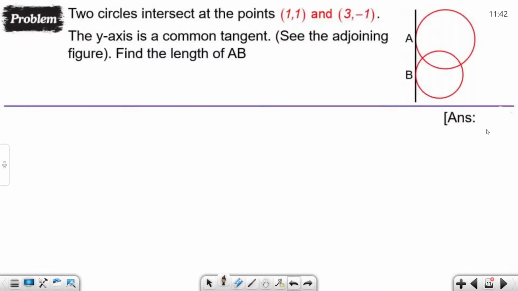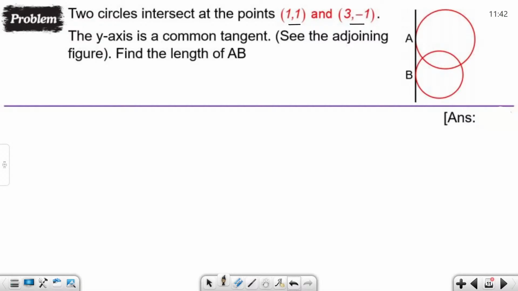In this question, they have said that two circles intersect at the points (1, 1) and (3, -1), and the y-axis is the common tangent as shown in this figure. So we have to find out the length of AB. See, one way of doing this sum, though it will be a long method, but still you are going to get your answer.